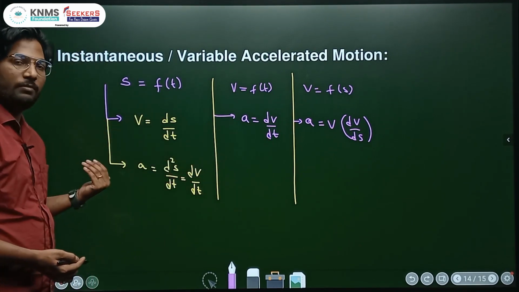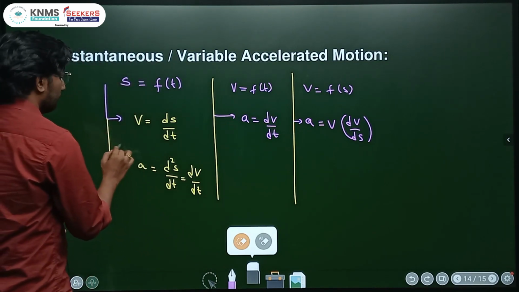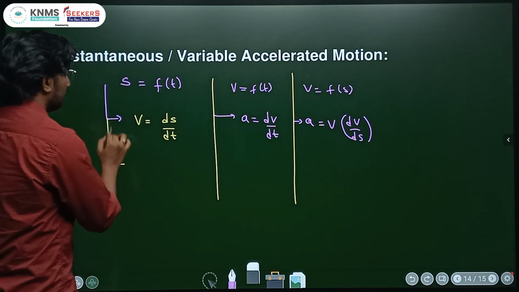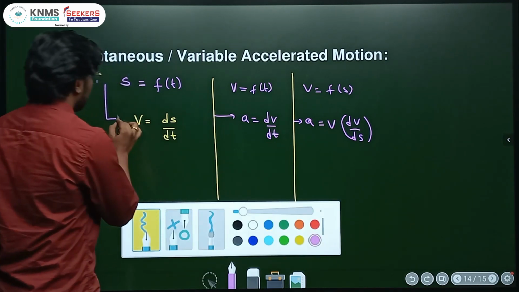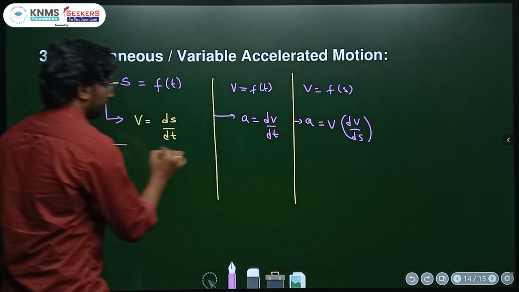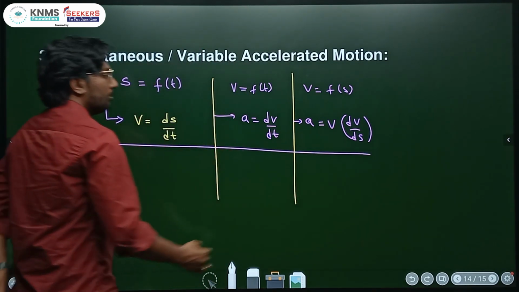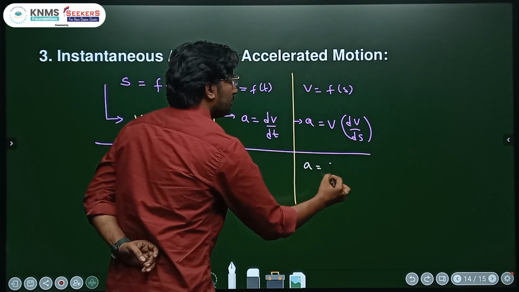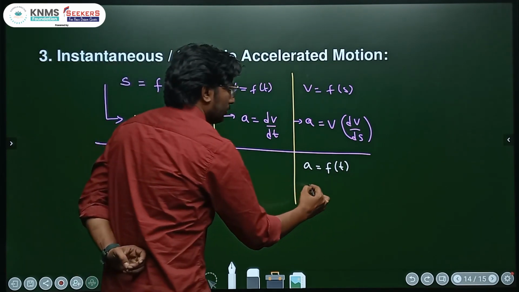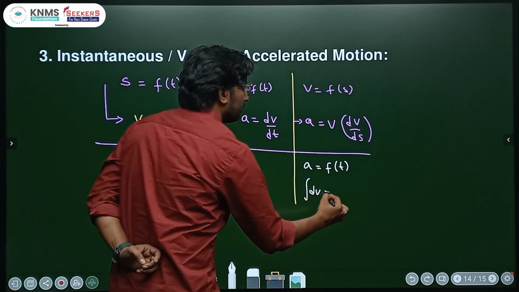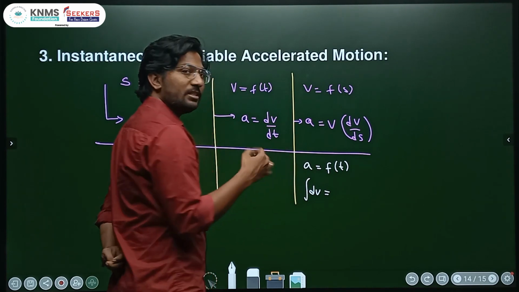If you want to come in the reverse direction, in other words, if acceleration is given as a function of time and you want to find velocity, you can use the integral method, that is integral dv is equal to, first write acceleration in its differential format.